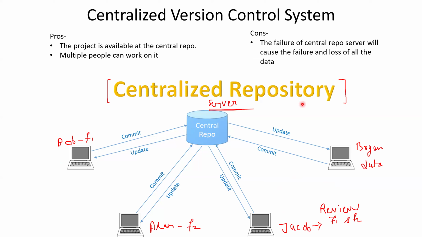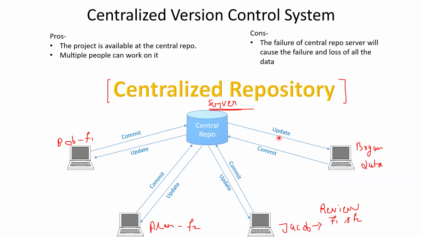So that is a challenge with the centralized version control system. So how does this system work? Again, let me revise it in 1-2 lines. Instead of putting the code on the local machine, we are putting the whole code onto a central repo where multiple people can collaborate and work on it.